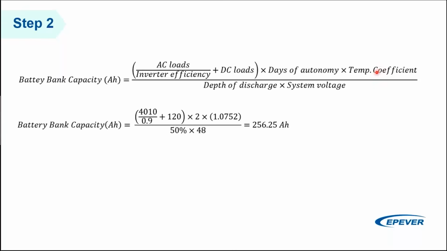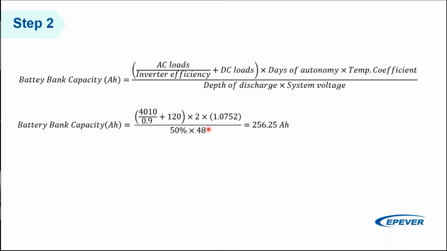There is a rich literature about how to find the temperature coefficient. You can always refer to the battery's manual and its specification sheet to find it. And then you have the depth of discharge of your system, and then the system voltage, which is 48 volts in my example.